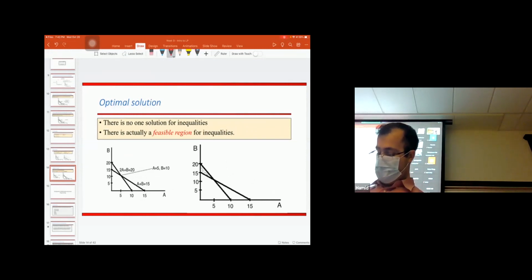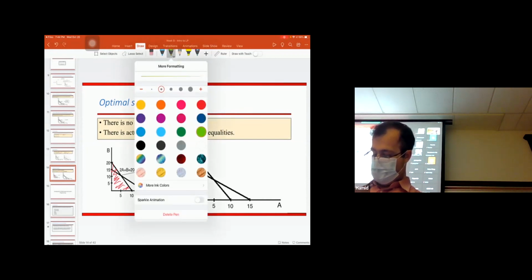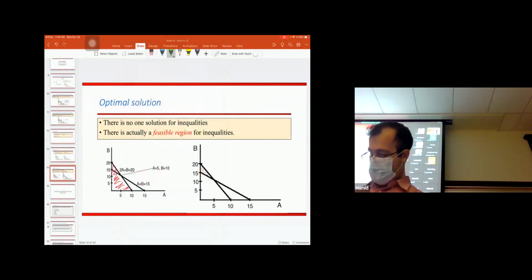So this would be this region, because based on the first one, this was my feasible region. In the second one, this was my feasible region.